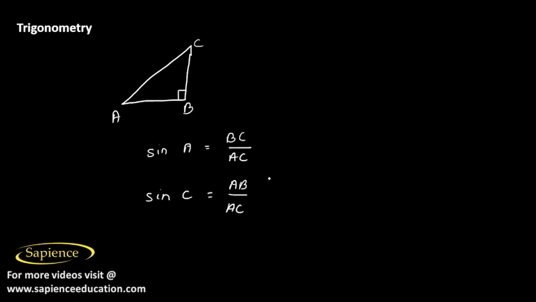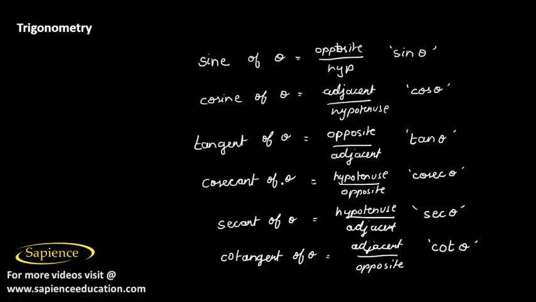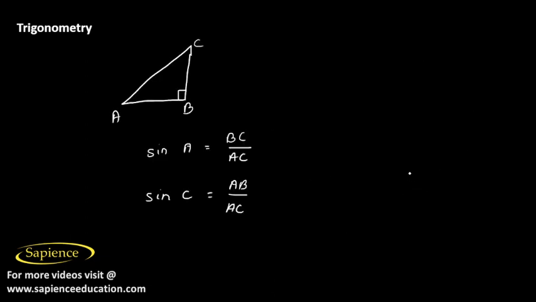So there are several relationships between the trigonometric ratios also. If we look at this slide, sine theta will be equal to opposite by hypotenuse, and cosecant is equal to hypotenuse by opposite. That means sine theta and cosecant theta are inverse of each other.